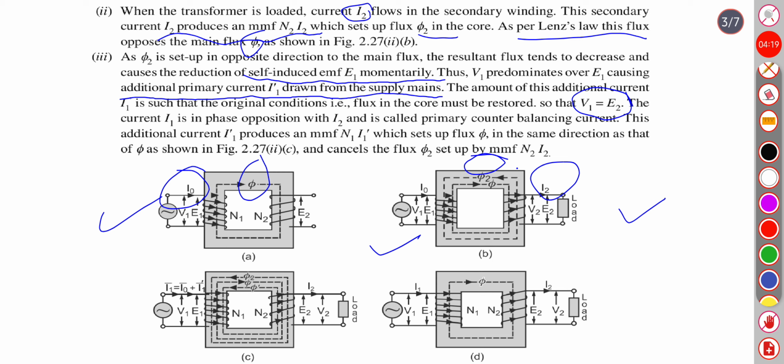This additional current I1 dash produces an MMF N1 I1 dash which sets up flux phi in the same direction as that of phi, shown in figure C, and cancels the flux phi2 which was set up by MMF N2 I2.